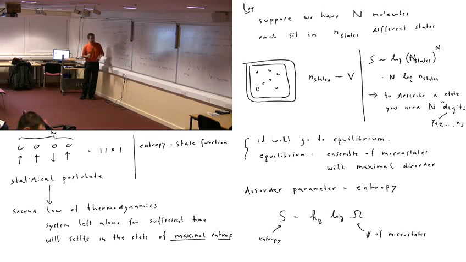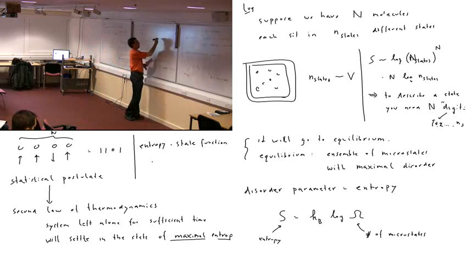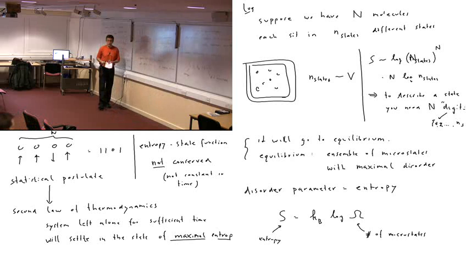And the second law of thermodynamics says something about the evolution of the system in terms of the entropy. Now, there's one important aspect of entropy which is different from energy. Entropy is not conserved, or if you wish, not constant in time. It's different than energy.